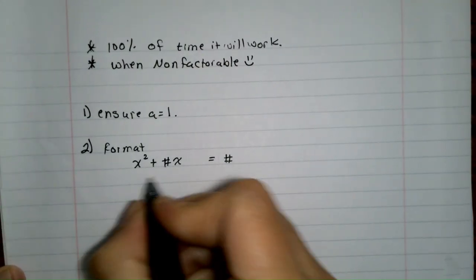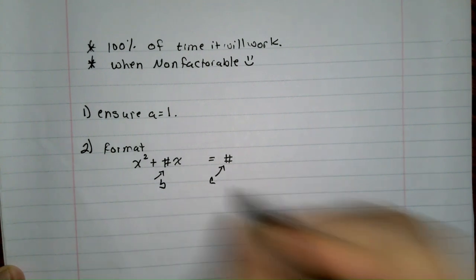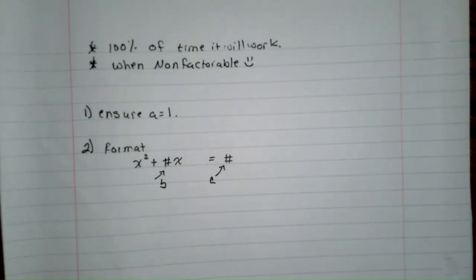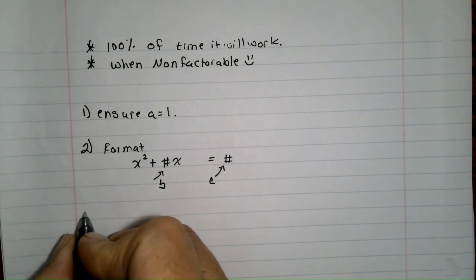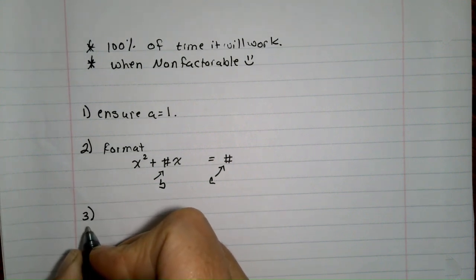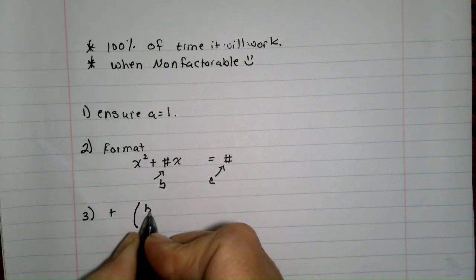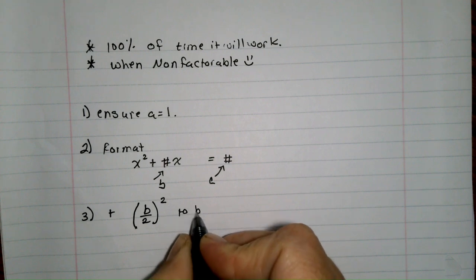I'm going to call that number b, and I'm going to call that number c. Our third step will be to add b divided by 2, squared, to both sides.